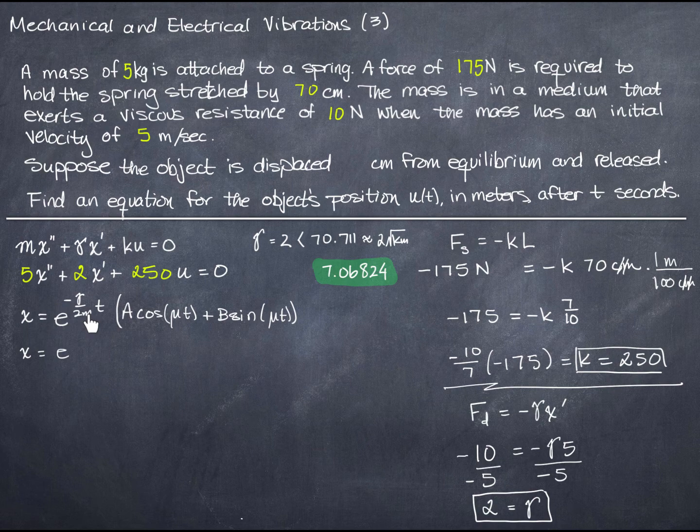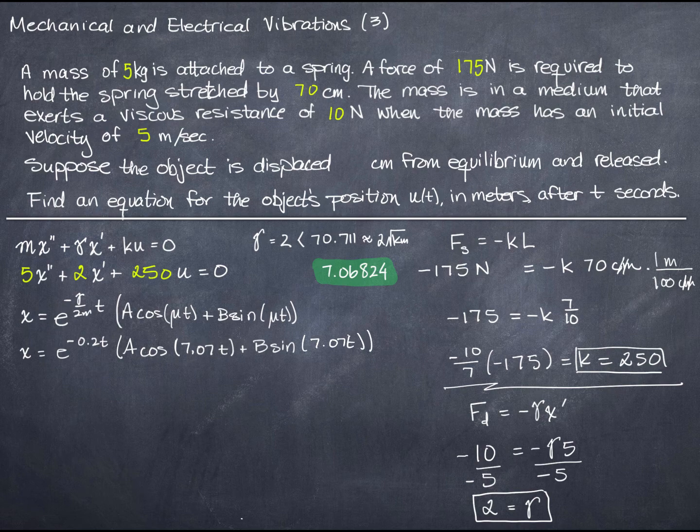So I have negative 1 over 5, or negative 0.2, so it's going to be negative 0.2 t. A times the cosine of mu t, and mu is 7.07. And then I have plus b times the sine of 7.07 t.